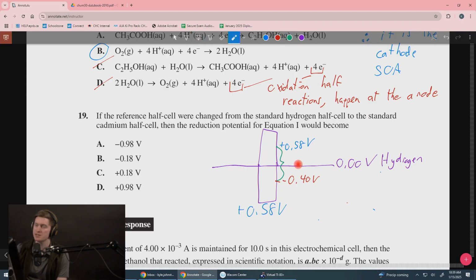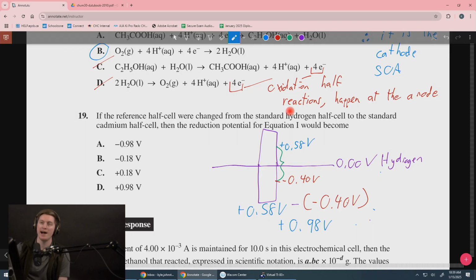We know that the distance from the ground floor up here is plus 0.58. From the ground floor to the basement is negative 0.40. What's the distance between the two? So we'll do that by a subtraction. We'll subtract our negative 0.40 volts, because this is becoming our new standard reference, which will bring us to a positive 0.98 volts.